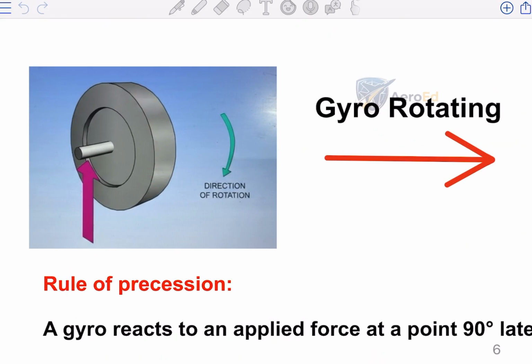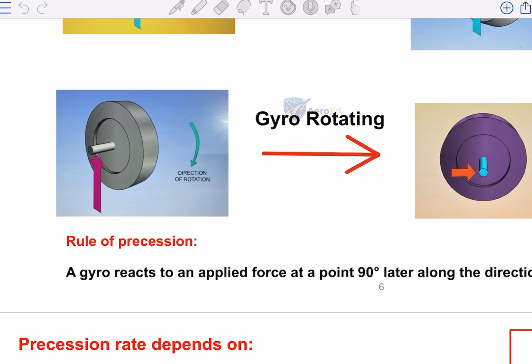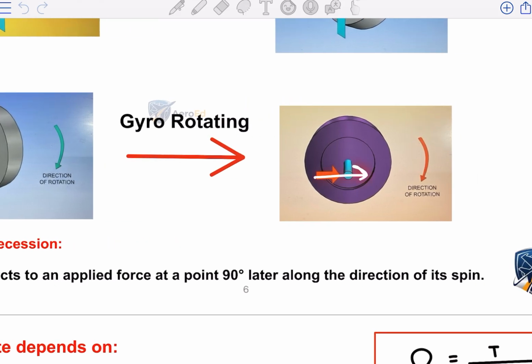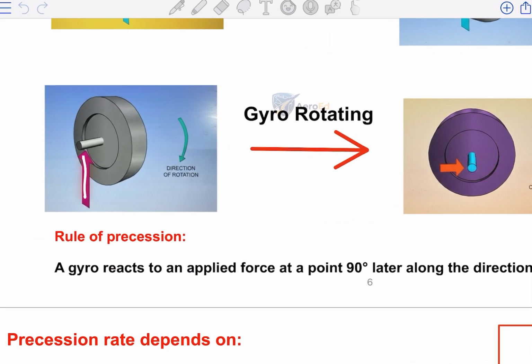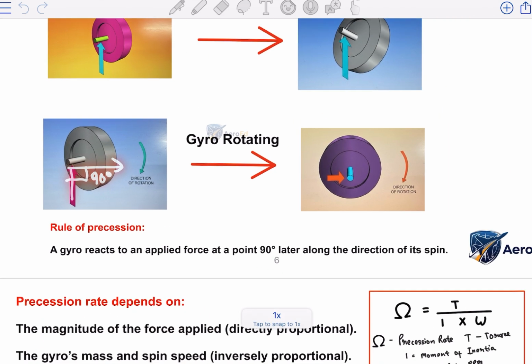When we apply the force in the same direction as when the gyro was stationary, the effect appears 90 degrees along the direction of the spin, as you can see. So this is the rule of precession. A gyro reacts to an applied force at a point 90 degrees later along the direction of its spin.